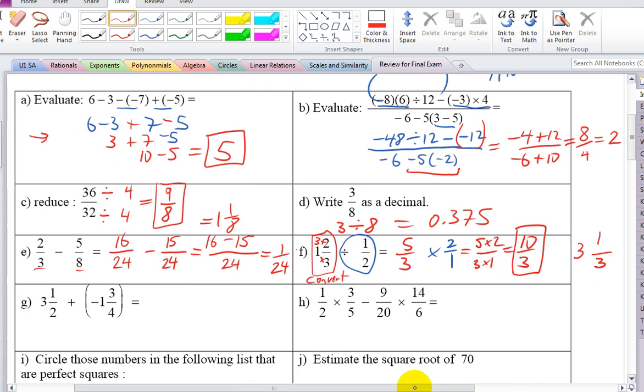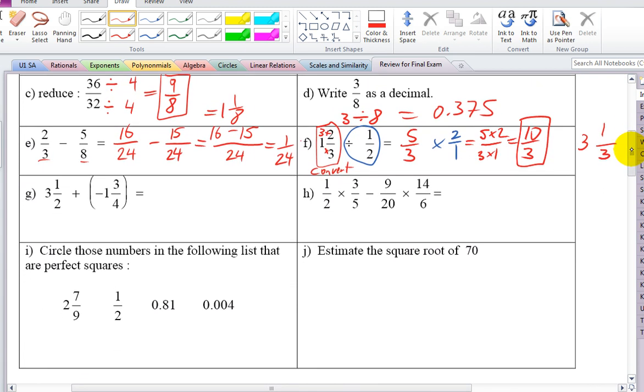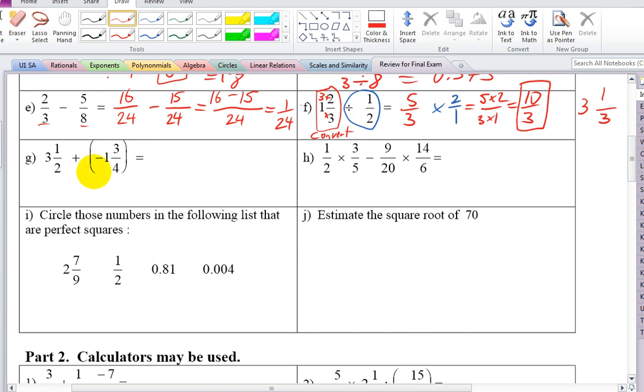Okay. All right, so then we go on to some harder fractions. We have some mixed numbers in front. Now, one thing to keep in mind, you want to ignore the negative sign when converting. Okay, so this is going to be 3 times 2 is 6, plus 1, 7 over 2, plus negative what? 7 over 4.